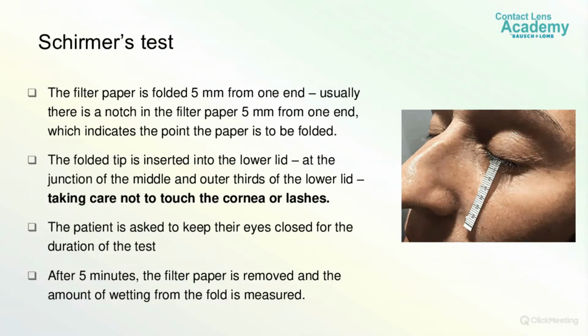Okay, the Schirmer test. The filter paper is folded 5 millimeters from one end, and usually you are using paper with a millimeter scale. There is a notch in the filter paper 5 millimeters from one end, which indicates the point where the paper is to be folded.